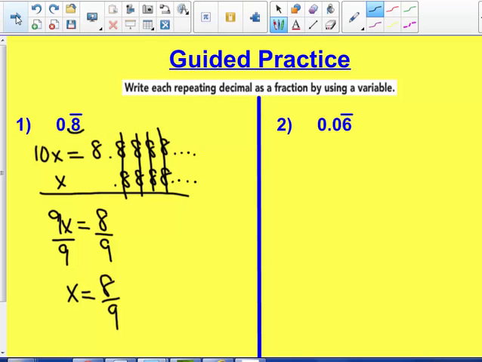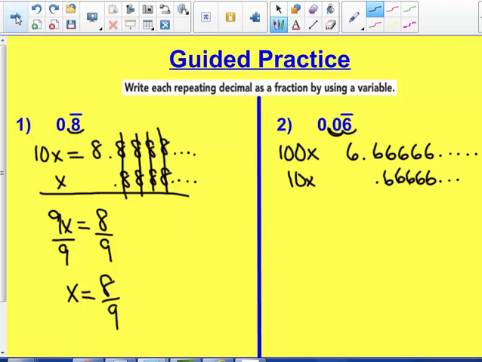Okay, this example. It's hundredths, so yes, I got to multiply by 100. I get 6.666666666. If I just multiply by 10 only, not the 100, I get 0.6666666.